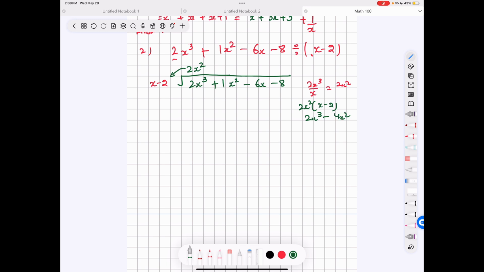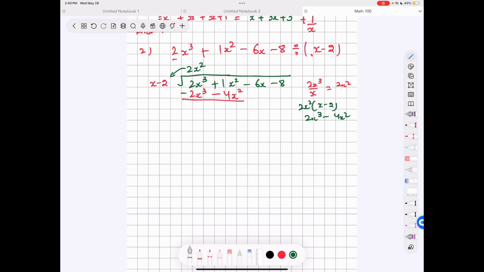We are gonna write it here, which we get 2x cubed minus 4x squared. So our signs are gonna change. We are gonna subtract everything from here.